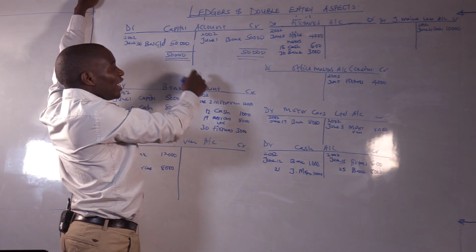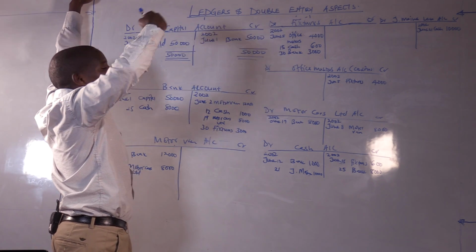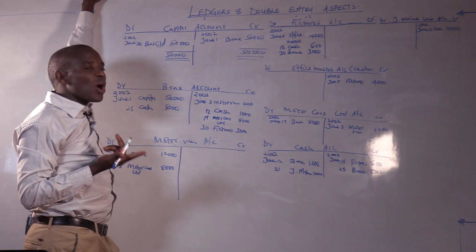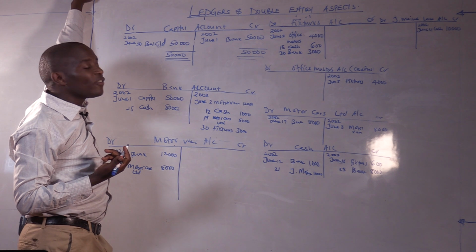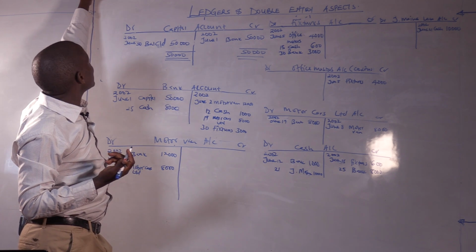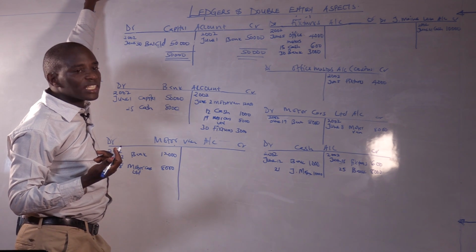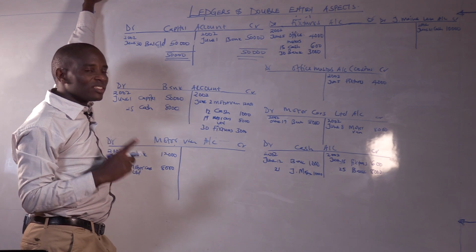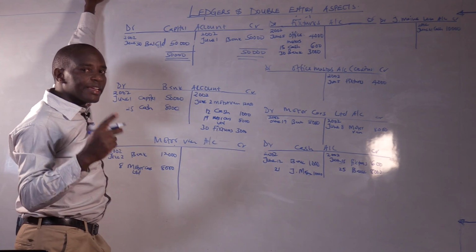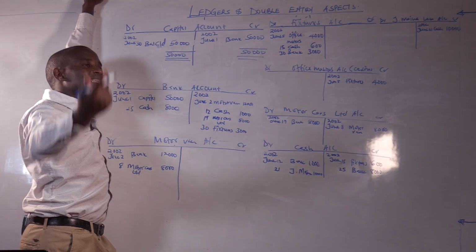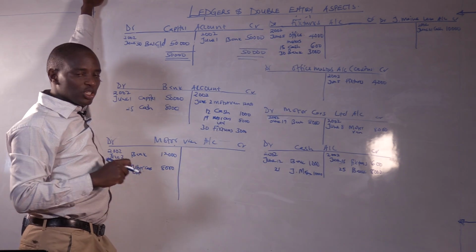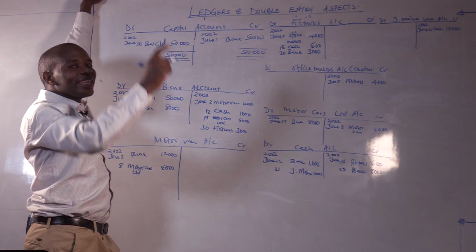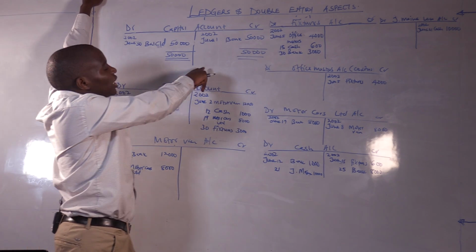We know that one of the assumptions of accounting is that the business is a going concern. When you say that the business is a going concern, it means that the business is likely to be operating continuously. Meaning that even the following month, the business will open.